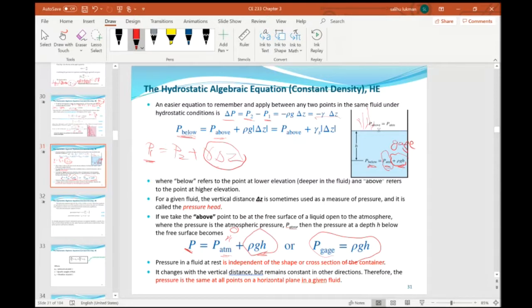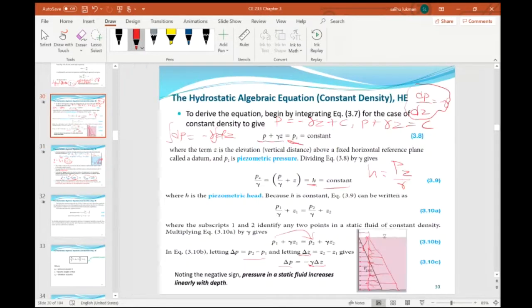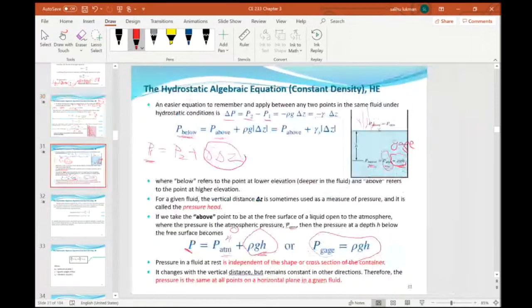For a fluid, the vertical distance delta Z is sometimes used as a measure of pressure, and it is called the pressure head. This we just finished explaining. Then we have pressure head and we have piezometric head. The piezometric head is the sum of the pressure head and the elevation head.